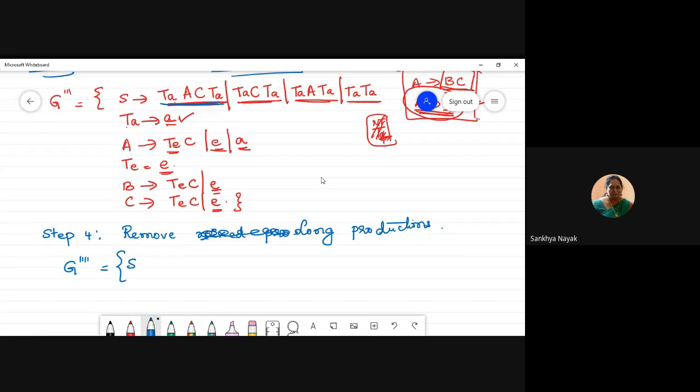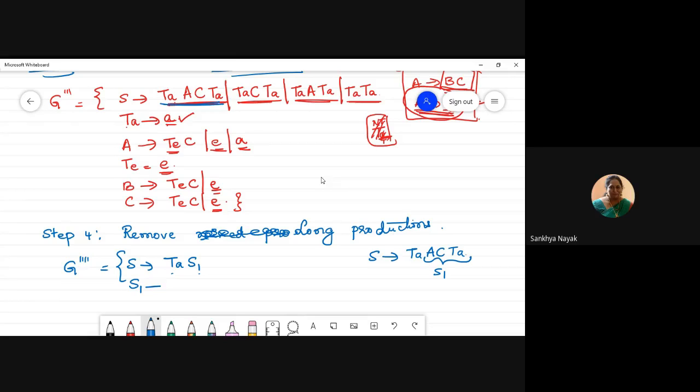S derives, I should have only two symbols, right? So I will say T_A and S1. This one was there, no? S derives T_A A C T_A. I wrote it as T_A S1, which means what is S1? This one, right? Now S1 also has three symbols.